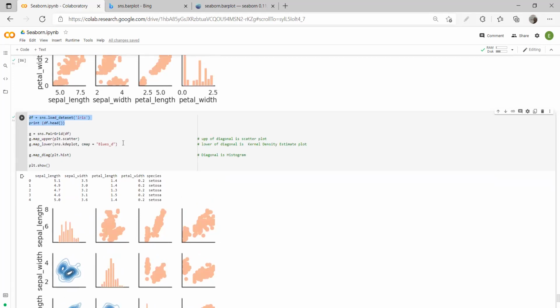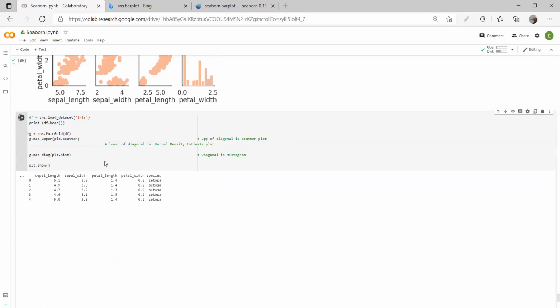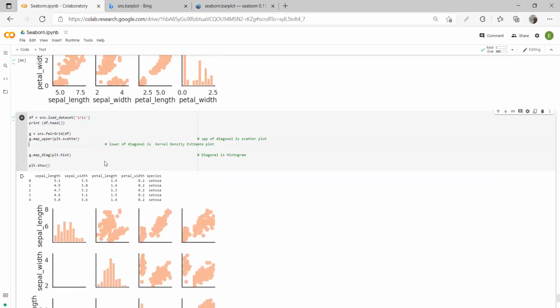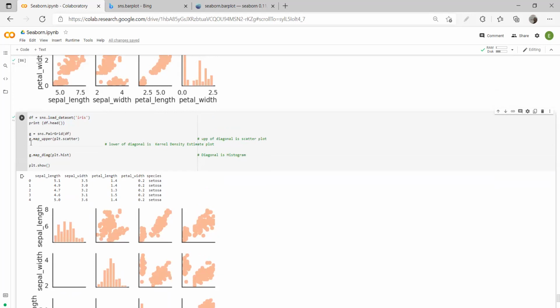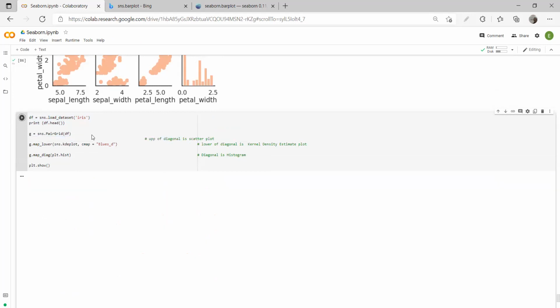And what will happen if I don't write this line? If I don't write this line, there is nothing shown over here, right? Then what will happen if I don't write this upper line?